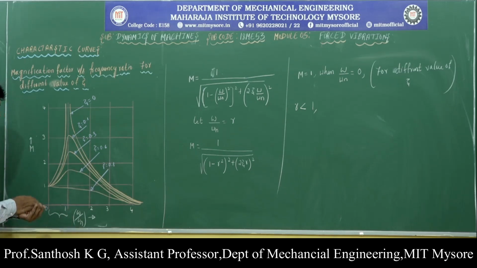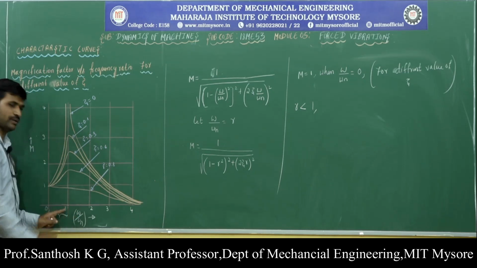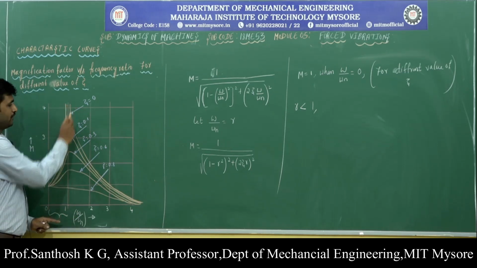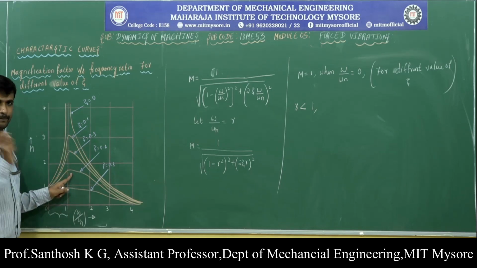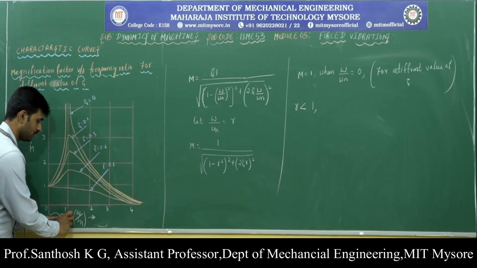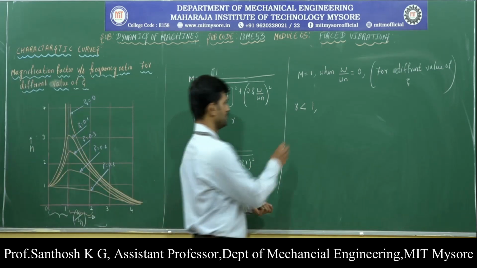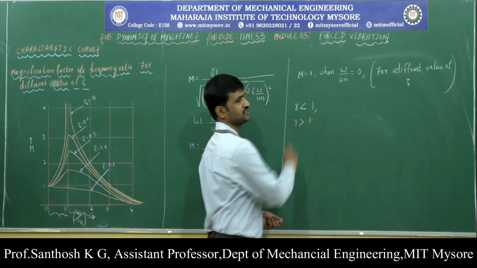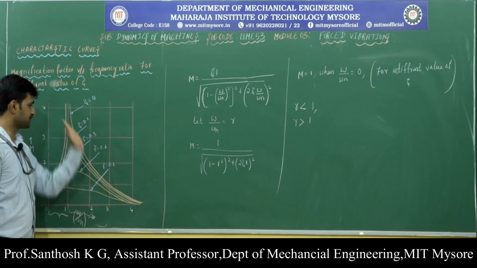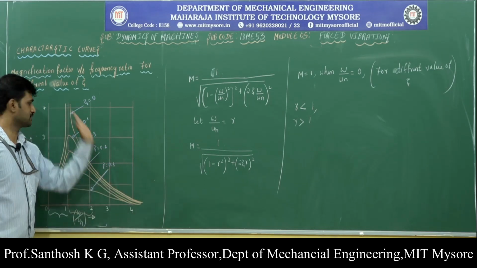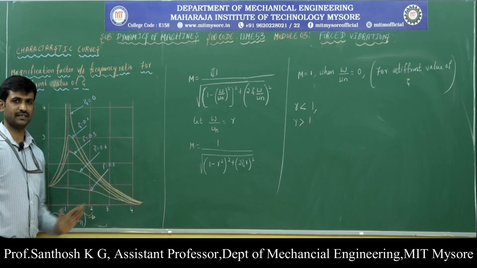When omega by omega n is 1, the value of m is maximum, and when r is greater than 1, as you increase the speed, the magnification factor keeps on decreasing.